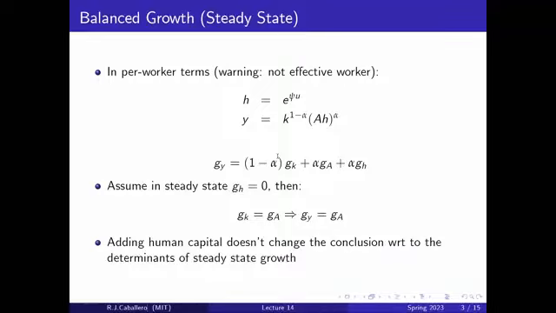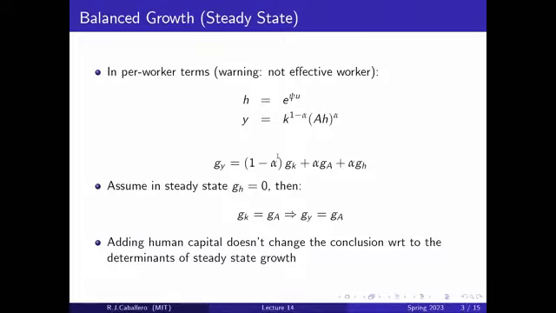Remember that big H was just e to the psi u times n. Output per worker will be k, capital divided by n, and here is big H divided by n, which is little h. So all this is now measured as output per worker, or per person.